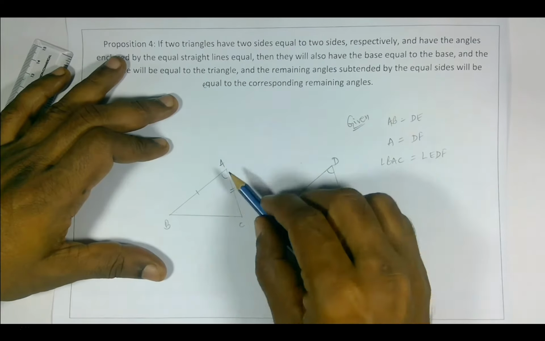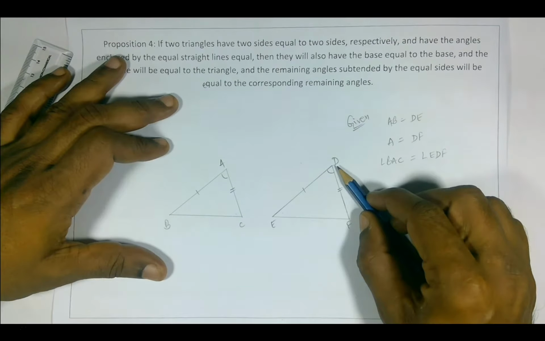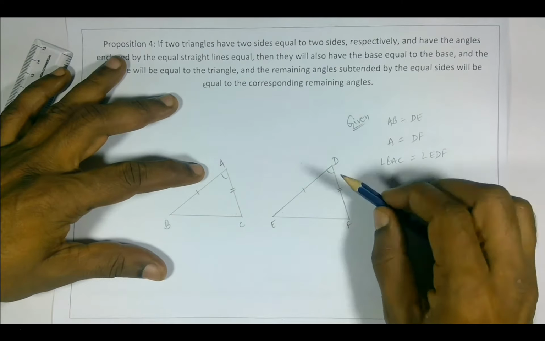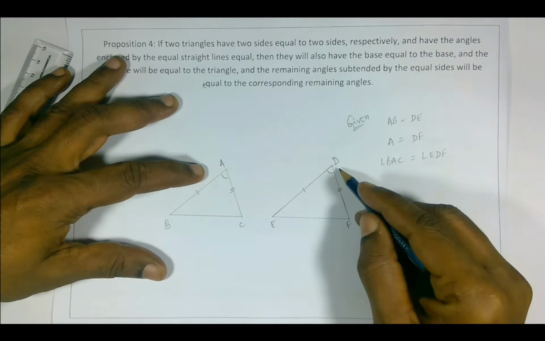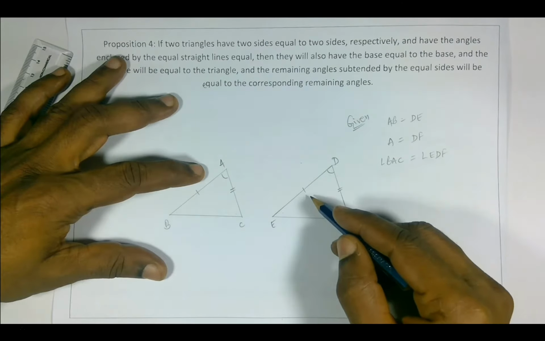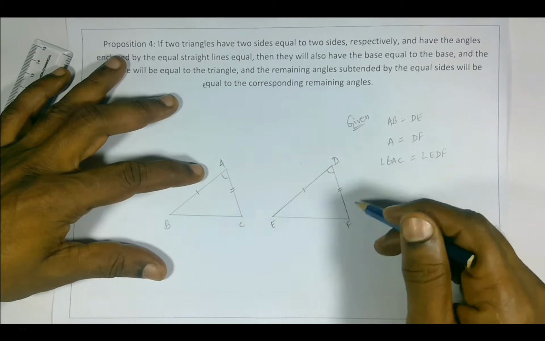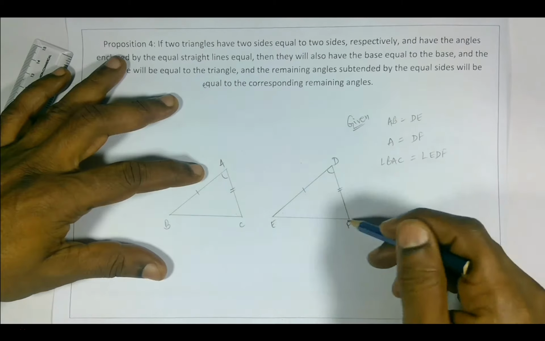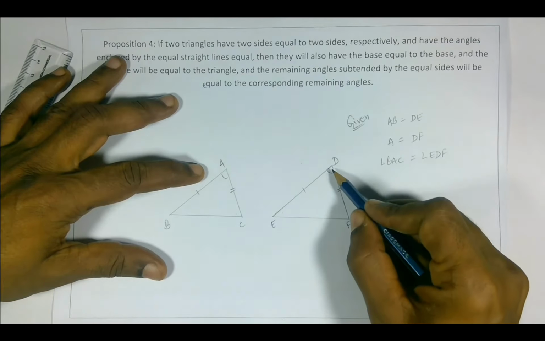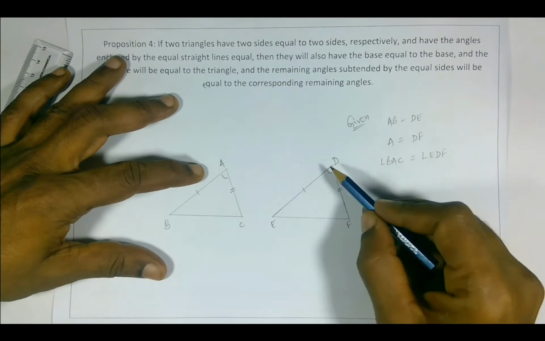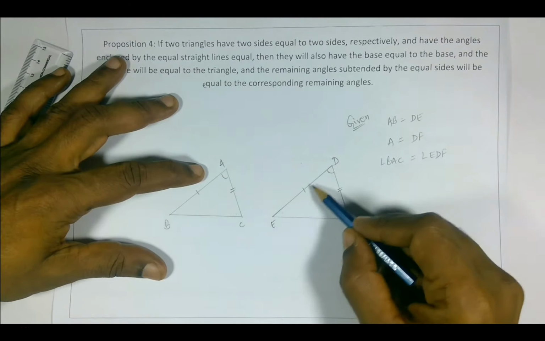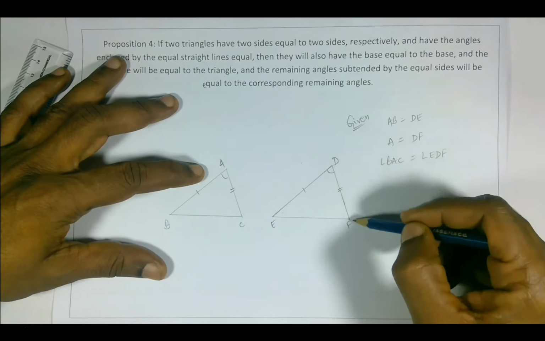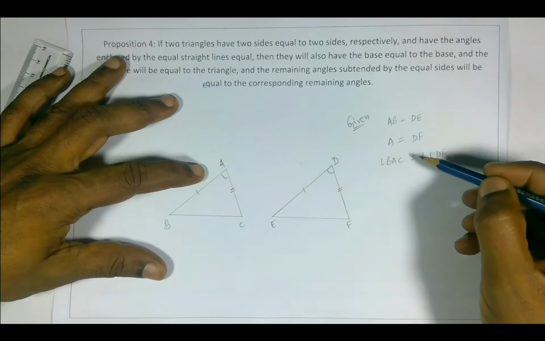We are taking this triangle and keeping it on this triangle, so where A corresponds to D. So A is on top of D. Naturally, if we have rotated a little bit, we have to make sure that it aligns with this triangle. So what you will notice is that AB will correspond to DE. Similarly, AC will correspond to DF, because that is what is given to us.